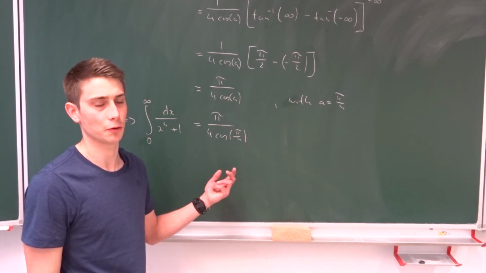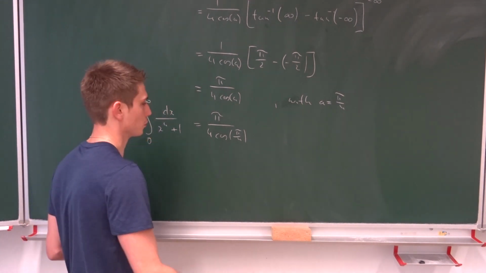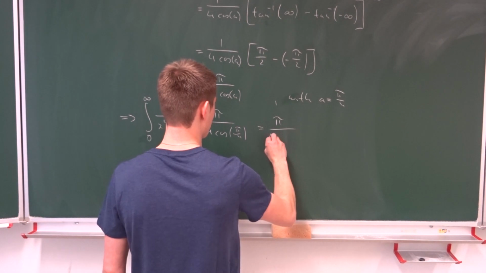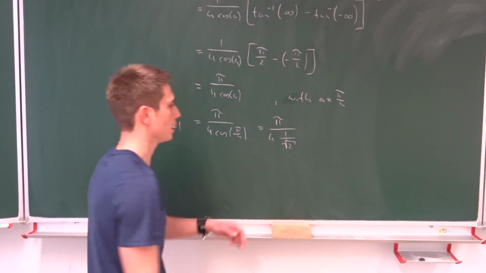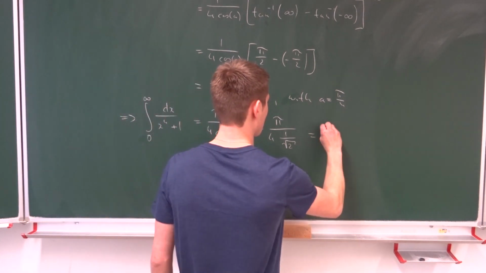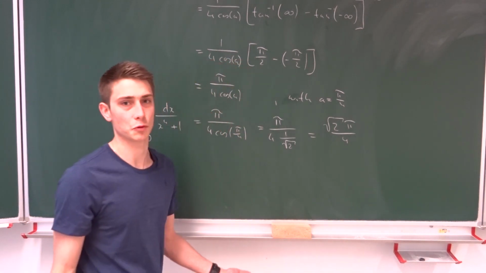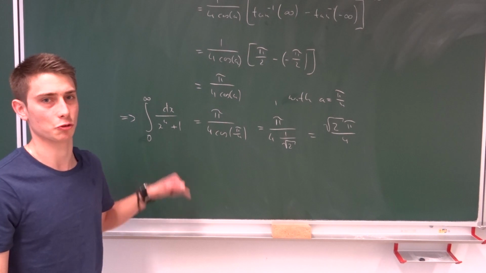And the cosine of pi over 4 is nothing else than 1 divided by the square root of 2. Yeah. So we got pi divided by 4 times 1 over square root of 2, and that is just the square root of 2 times pi divided by 4, and then we are done. So that's the result you get if you evaluate this integral.